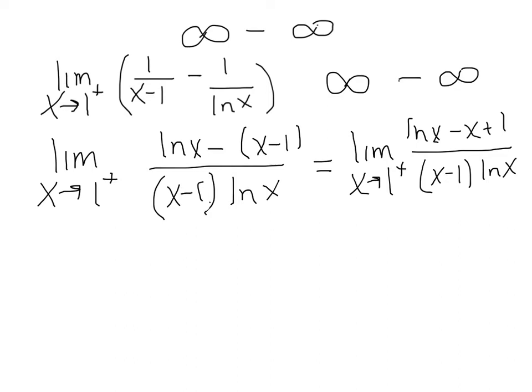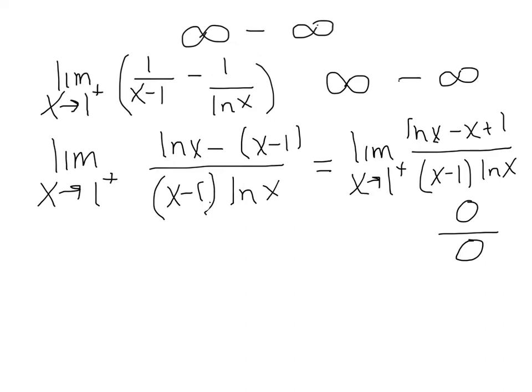So now, if we think of plugging 1 in, we would have natural log of 1, which is 0, minus 1 plus 1. So we would get 0 in the numerator, and if we plug 1 in here, we would have 0 times 0. So we get 0 in the denominator. So now that this is the 0 over 0 case, we can apply L'Hopital's rule.